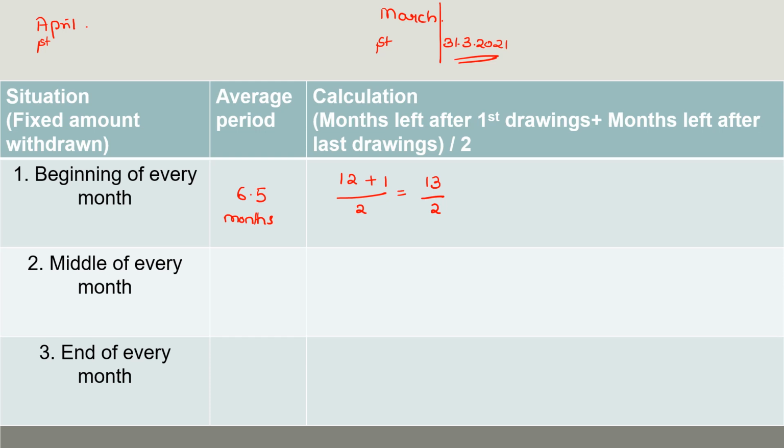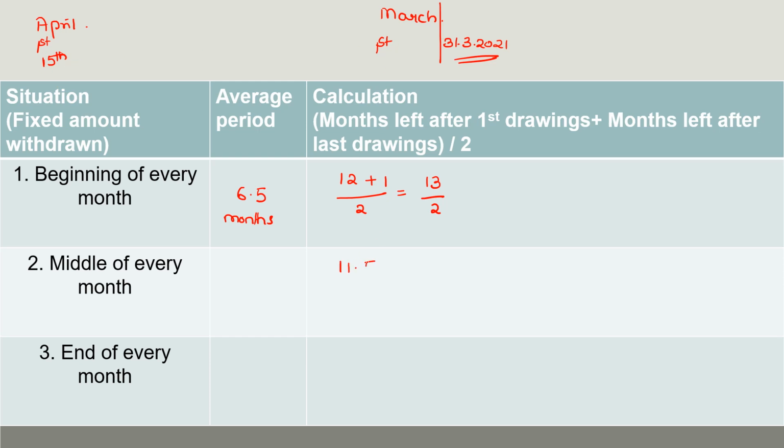So now we will calculate when the drawings are made in the middle of every month, which means suppose the first drawing we have to take is done on 15th of April. So for how many months till 31st March 2021 from 15th April? It is half of April plus 11 months.